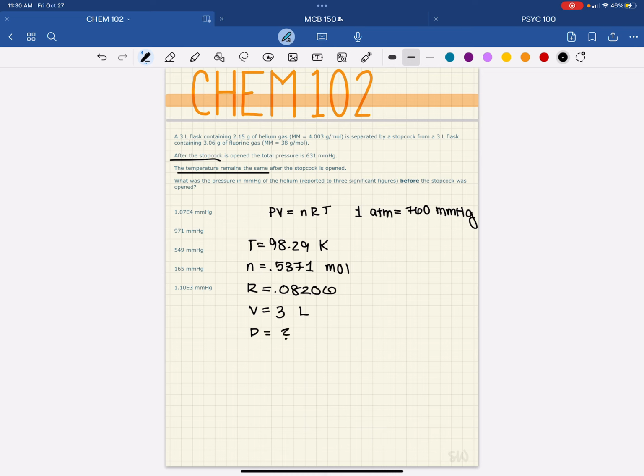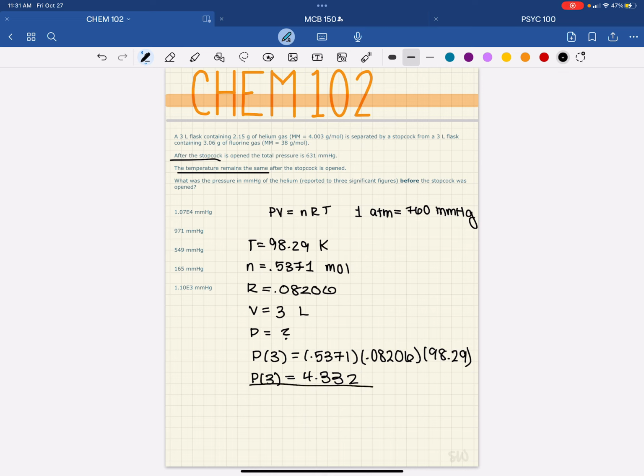So I'm going to set my equation, P times 3 volume equals 0.5371 moles times 0.08206 times 98.29 Kelvin, which is equal to 4.332. So P times 3 equals 4.332.